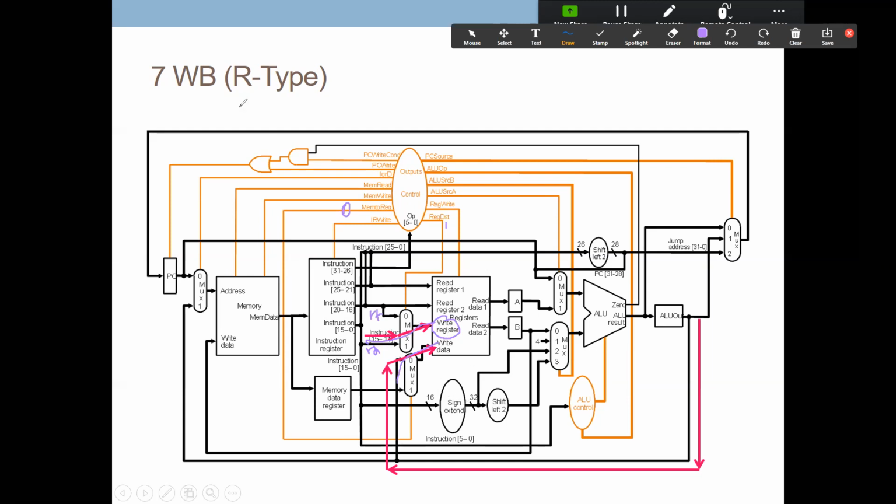I need to guarantee that I finished the write back, right? The memory read and write, both of them will be 0. Yeah, these need zeros. Register write needs one. Register write, yes, you guys are correct. So register write has to be 1 so that you can actually write in the register.